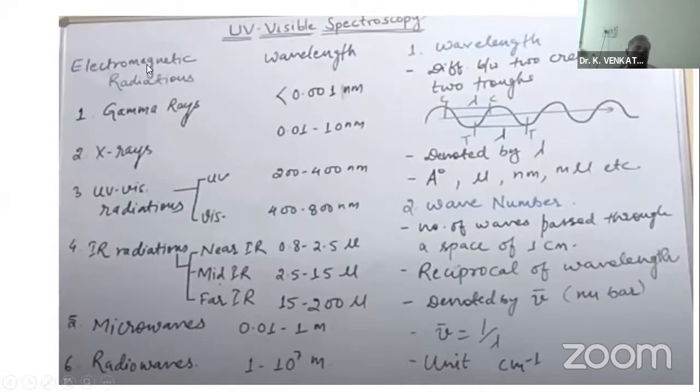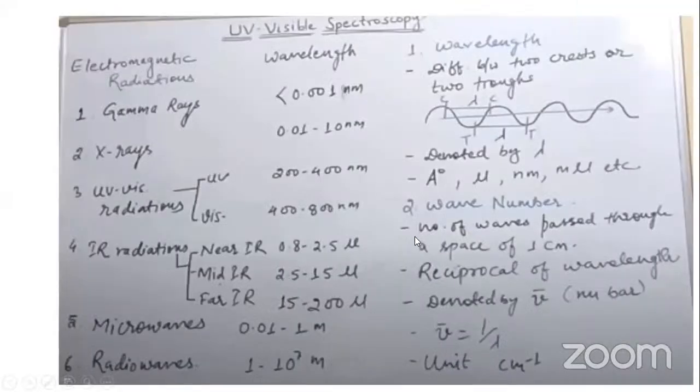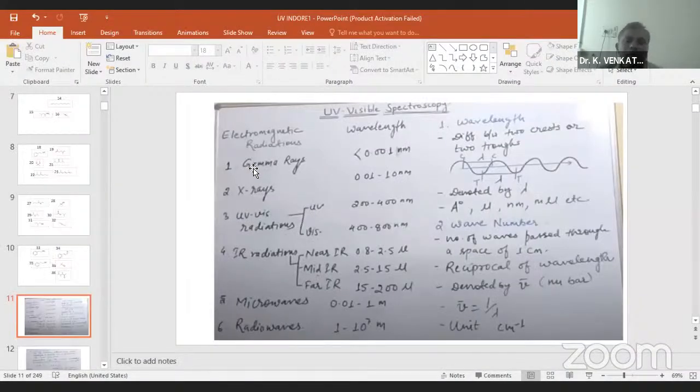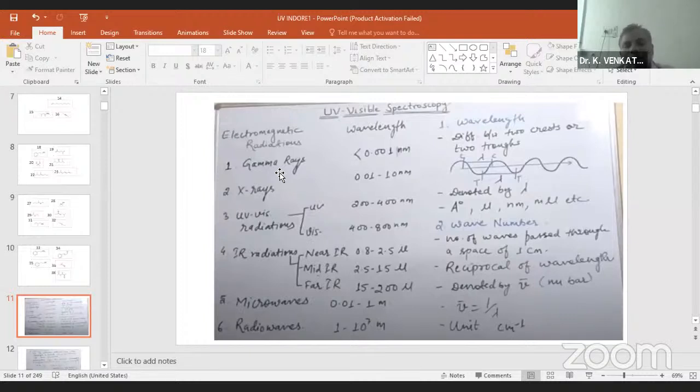Here are the electromagnetic radiations and their wavelengths. These are the different types of electromagnetic radiation. Gamma rays have a wavelength of 0.001 nm because they have the highest energy.